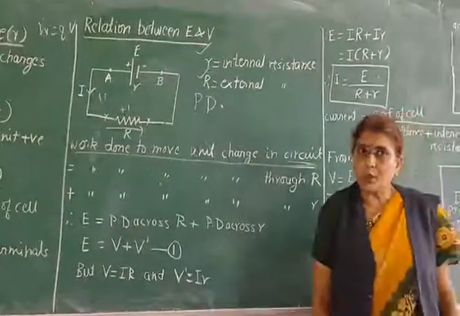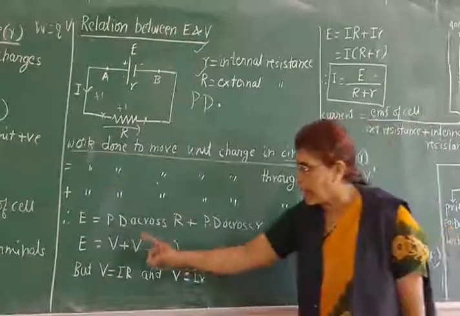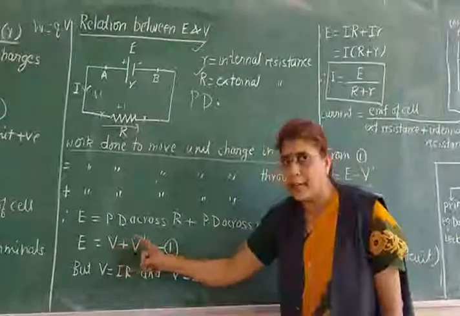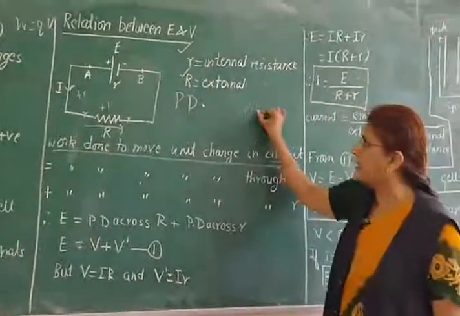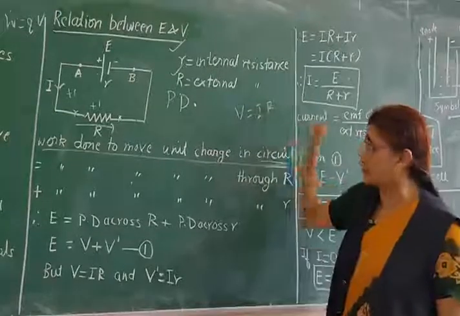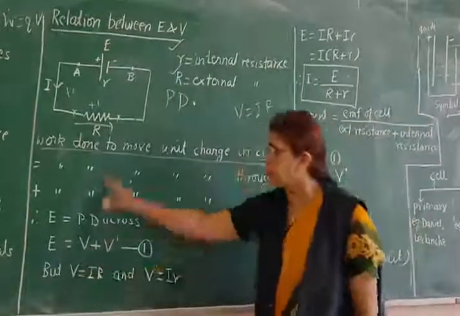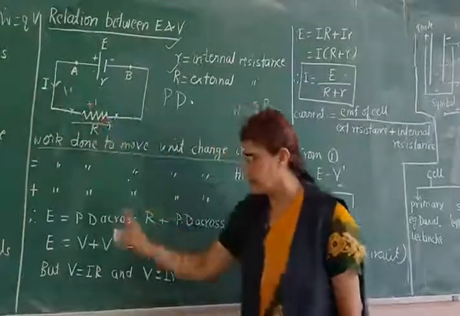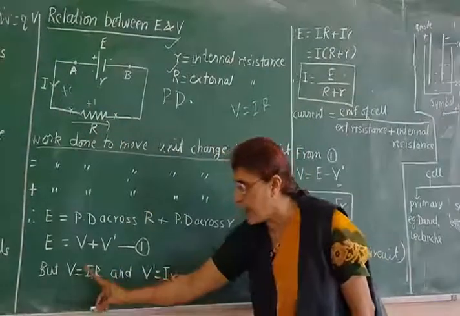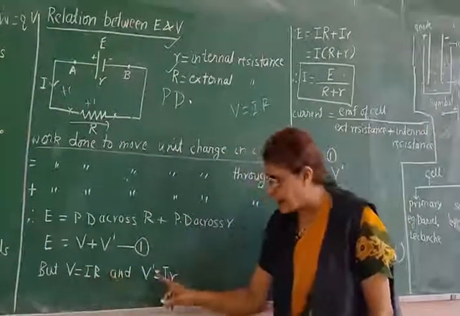Now, we shall use Ohm's law and put the values of V and V dash. What is your Ohm's law? V is equal to I into R. Now, what is V? V is the PD across R, so current into resistance. So V will be equal to I into capital R. What is V dash?